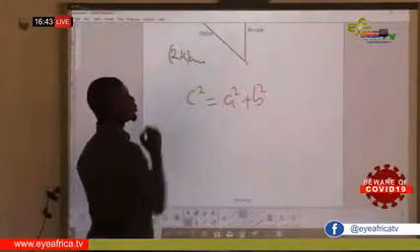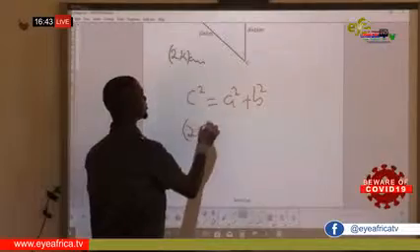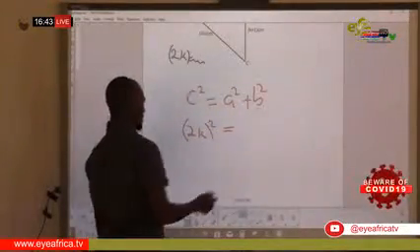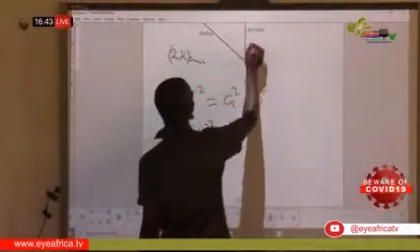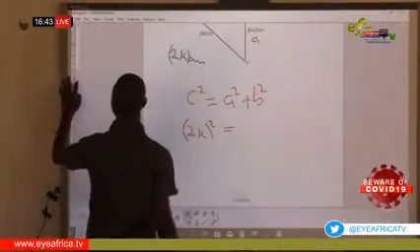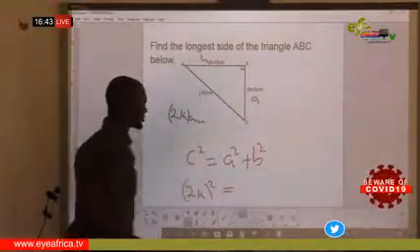C is 2k. That will give us 2k whole square is equals to A square plus B square. We label our A and here will be our B.